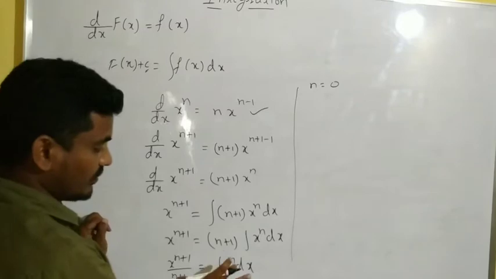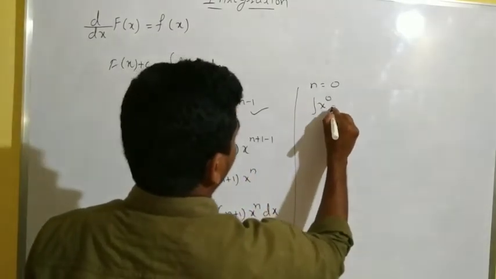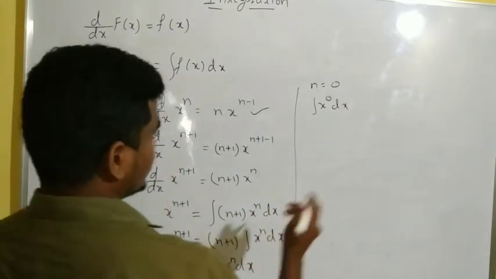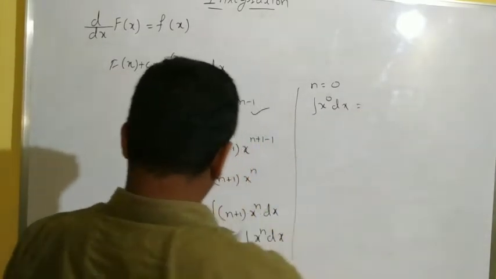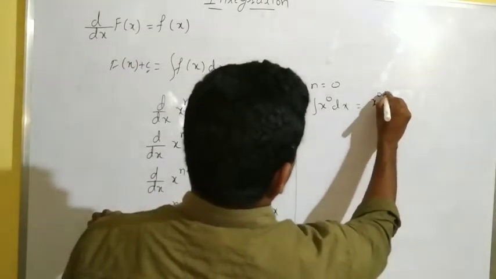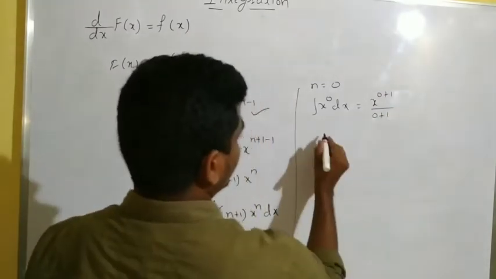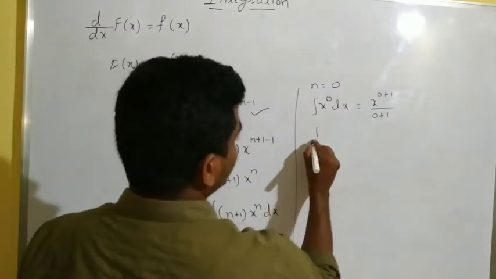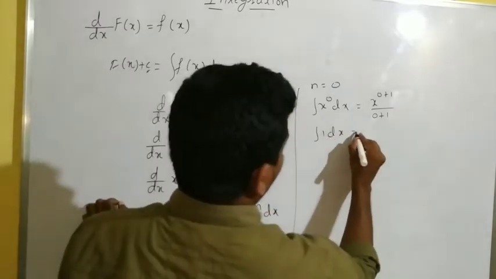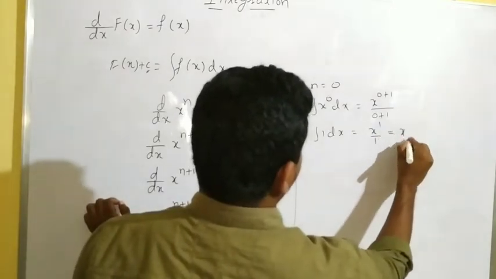When n equals 0, I am taking here n equals 0: integration of x to the power of 0 dx, equals x to the power of 0 plus 1 by 0 plus 1. x to the power of 0 we know is 1, so integration of 1 dx equals x to the power of 1 by 1, that implies x.